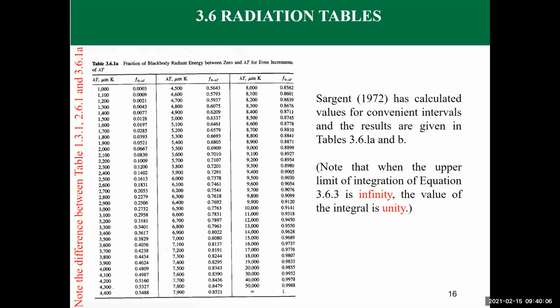And 0.78 times 5,777 gets us a value of 4,506. So we're going to go to the 4,500. We're getting something which is 0.5643. So 56% of the black body radiation fraction is basically given at that wavelength, which is 0.78.